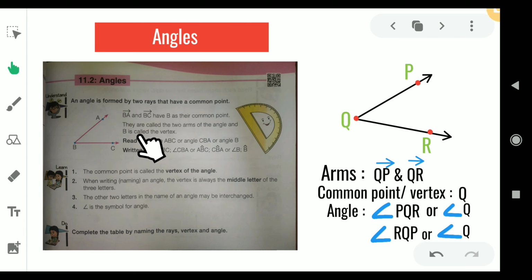So BA, BC are the arms and B is the common point, also known as the vertex of the angle. So how can we read this angle? It is angle ABC or angle CBA. Angles can be represented like this.